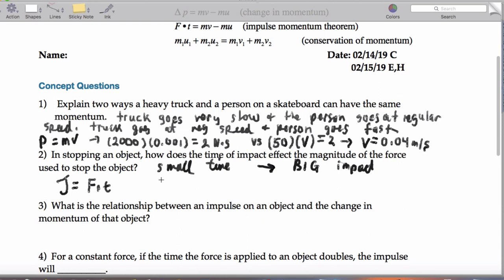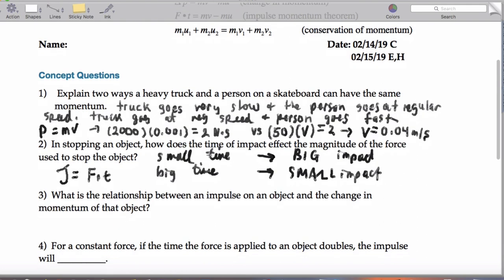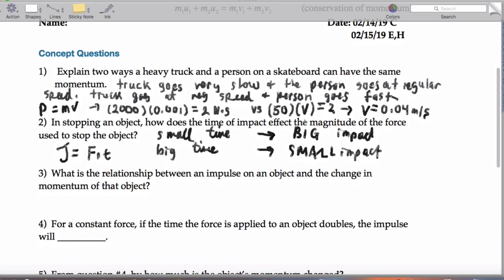And then a big time is going to actually lead us to a small impact force. So that's really how it works, because if you increase one, you can decrease the other and keep the impulse the same, which is what we discovered in the egg drop lab that we did.